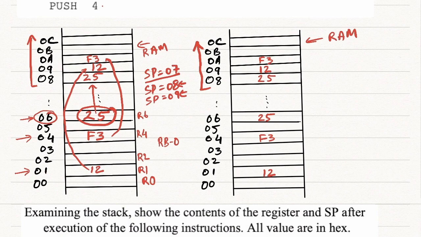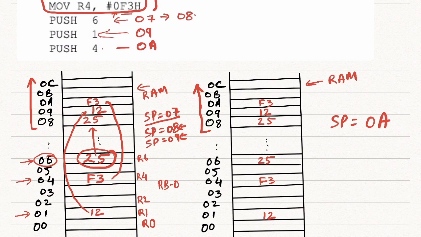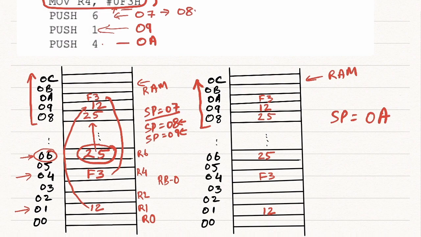SP was here, the content of the stack pointer was 07, and that has turned to be 08, and when I do the next one, it will become 09, and push 4 will make it 0A. So the stack pointer will become 0A at the end of the 3 pushes, and the content of the stack will be these values.